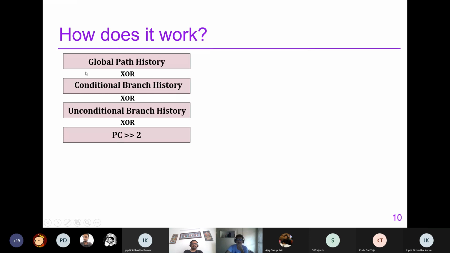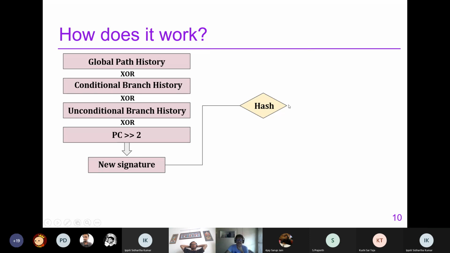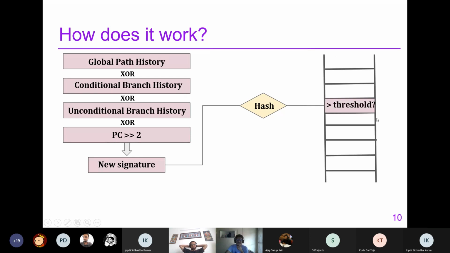The same is carried out for conditional branch histories. The previous 8 TLB accesses for branch instructions are pushed into history, so that we have a 64-bit feature representing the branch history, unconditional and conditional. The present program counter is shifted to the right by 2. All of these are XORed, and the new signature is formed. This signature is hashed and then used to index the prediction table.